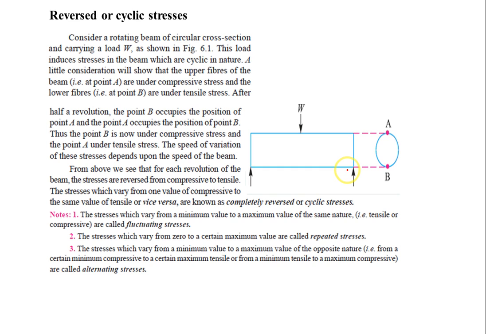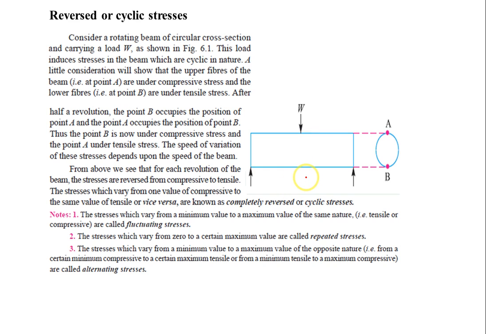Reversed or cyclic stresses. You can understand the word reversed or cyclic stresses. Suppose it is a circular shaft. Here the first, upper point is A and the lower point is B. It has a circular cross section. When it carries a load W, the upper fiber is under compression and the lower fiber is under tension.